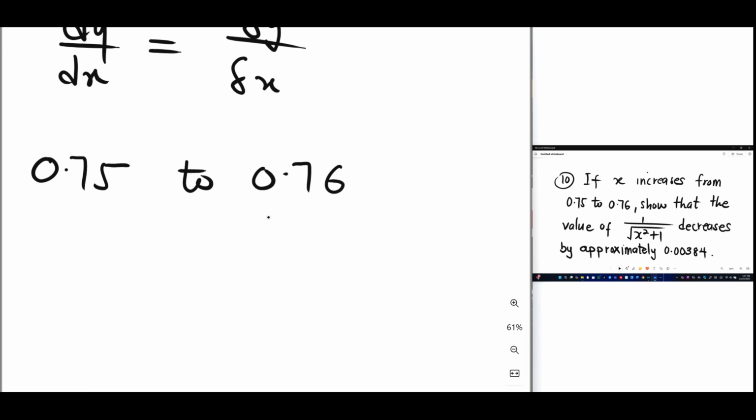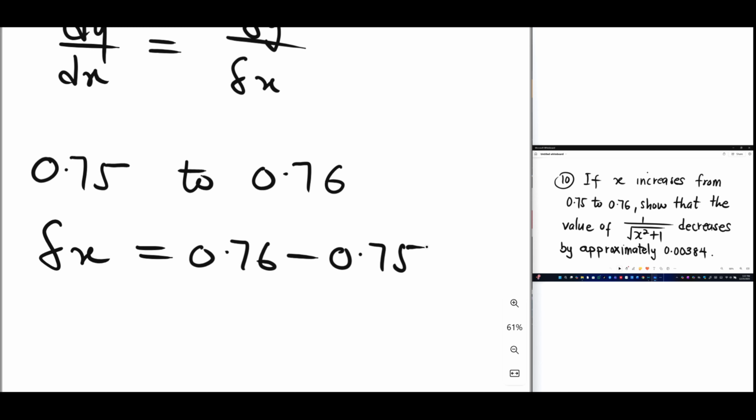So we need to find the small change that has occurred in x, and that will be 0.76 minus 0.75. And this will give us a result of 0.01. All right, so this is the small change that has occurred in x.